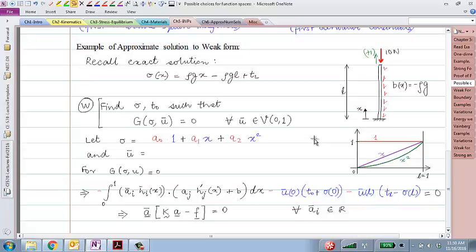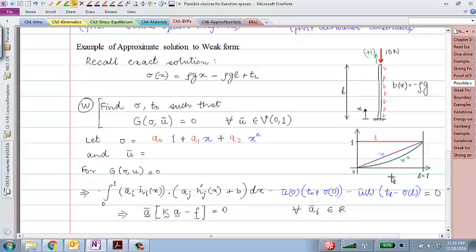Okay, so you can imagine from the infinite space, well, actually, I'm not talking about u bar just yet, but I'm talking about this sigma. Sigma can also be any function really, any square integrable function. But from all of those possible functions, I'm making an assumption that sigma would be a linear combination of these three specific functions.